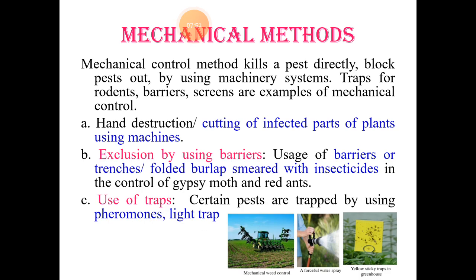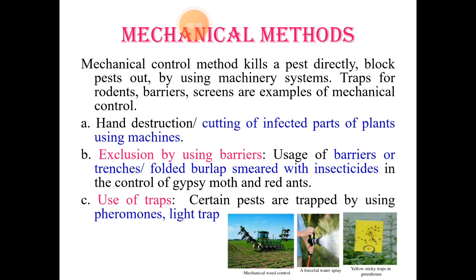The next control method used in IPM is mechanical methods. Mechanical methods make use of machinery systems to kill or control the pest population. Example: usage of traps for rodents, barriers for vertebrates, and screens for insects.